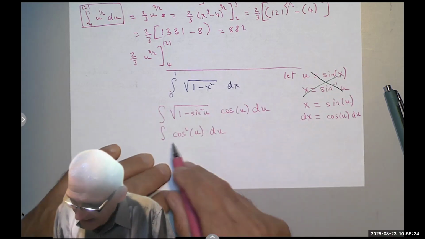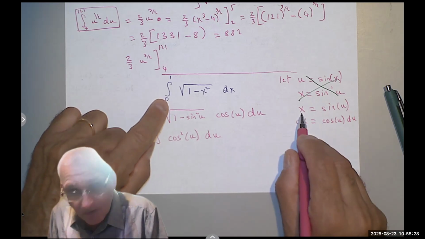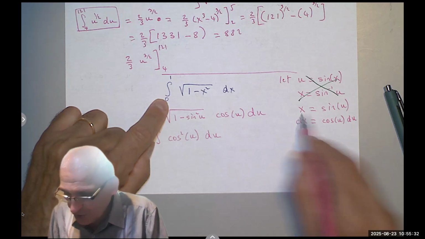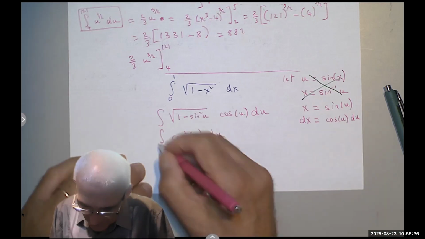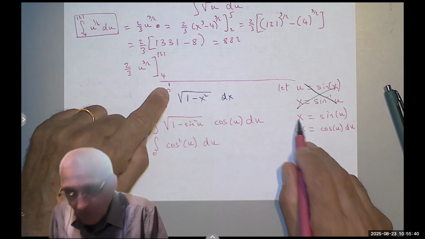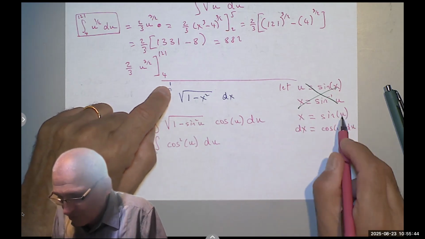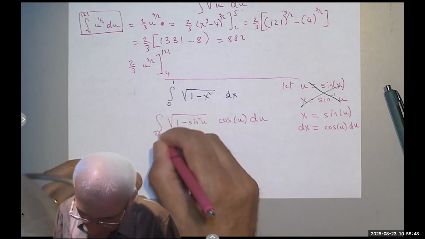Anyway, so here I would say if x is 0, what is u? Well, I know that sine 0 is 0, so u is also 0. What about x is 1? When would x be 1? When sine of pi over 2, so u becomes pi over 2.